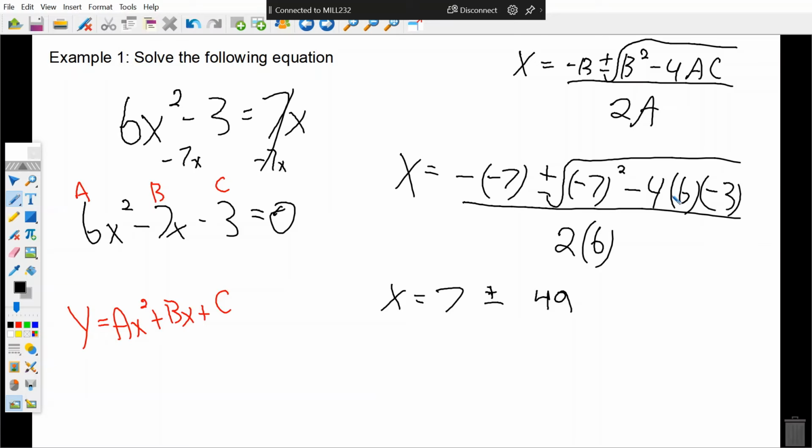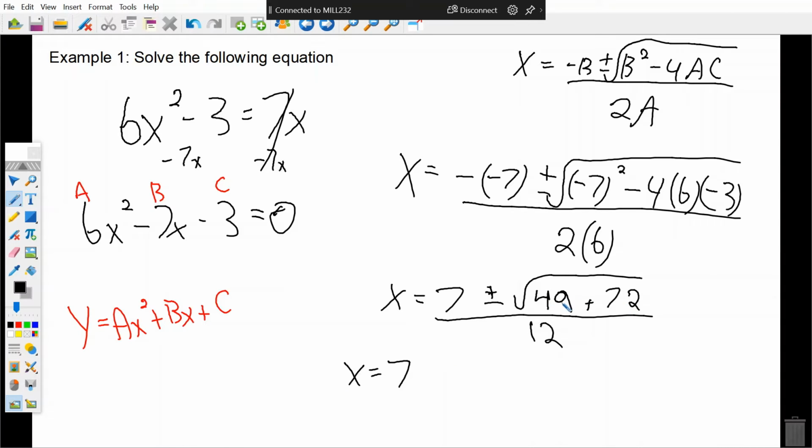Negative 4 times 6 times negative 3 is positive 72. 2 times 6 is 12. So now we've got 7 plus or minus the square root of 49 plus 72, divided by 12. 49 plus 72 is 121, and the square root of 121 is 11.